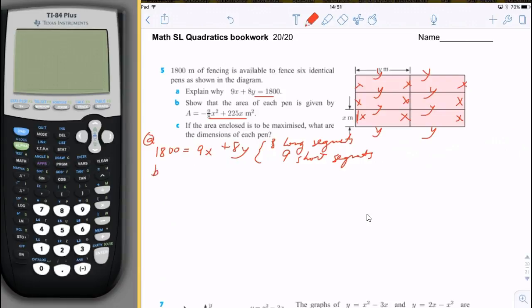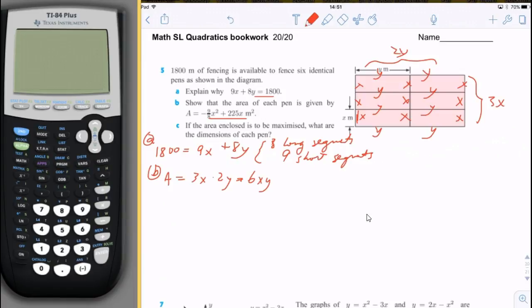It says, show that the area of each pen is given by that complicated function there. Okay, so let's do this. Let's try to figure out the area of the total pen. So it would be 2y times 3x, right? It would be the length times the width. So the area is equal to 3x times 2y, which is equal to 6xy.